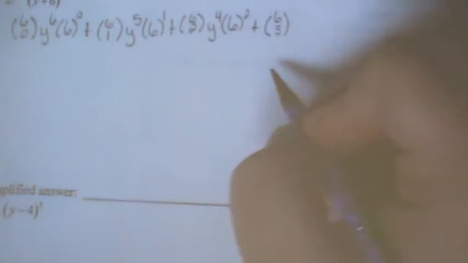Our next term, 6 choose 3, y to the 3rd, 6 to the 3rd. 6 choose 4, y squared, 6 to the 4th.